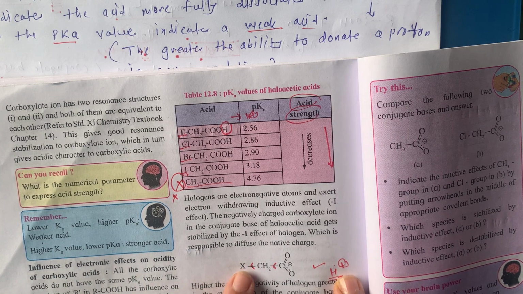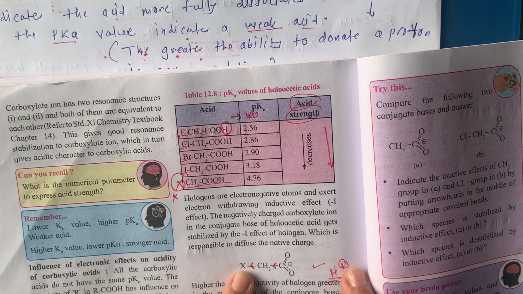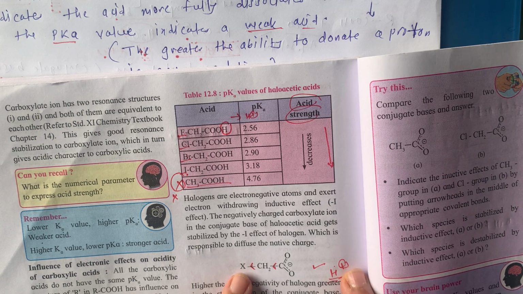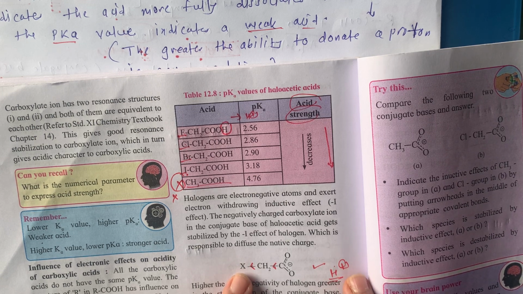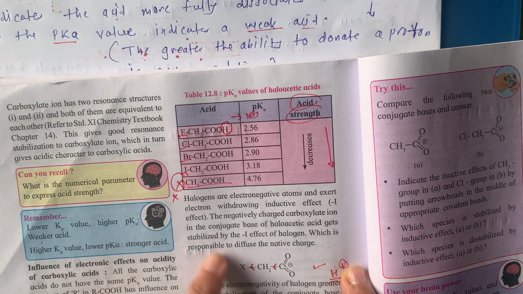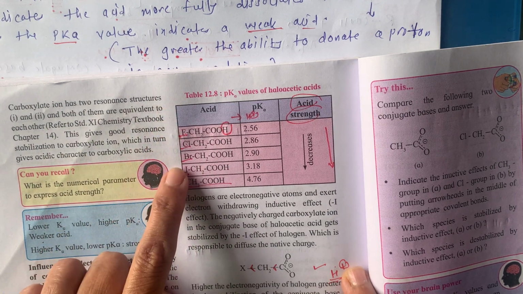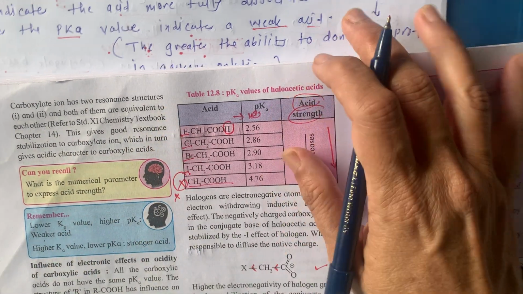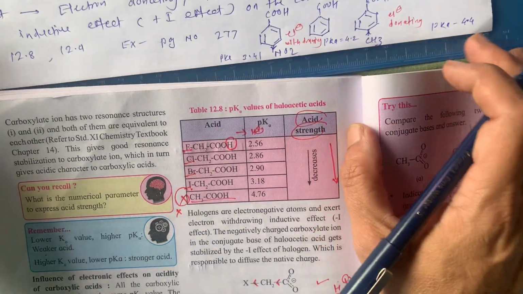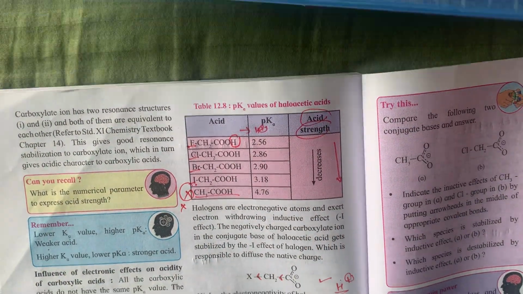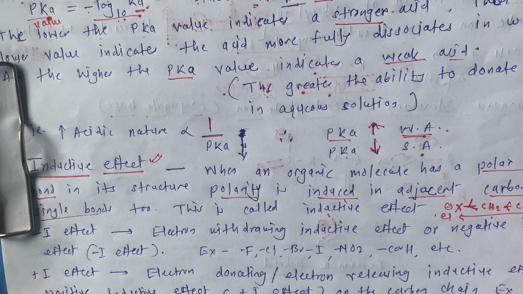As X has more electronegative character, H is going to liberate very easily. The rate of the reaction is very fast, and so acidic character is more, and the order is like this.